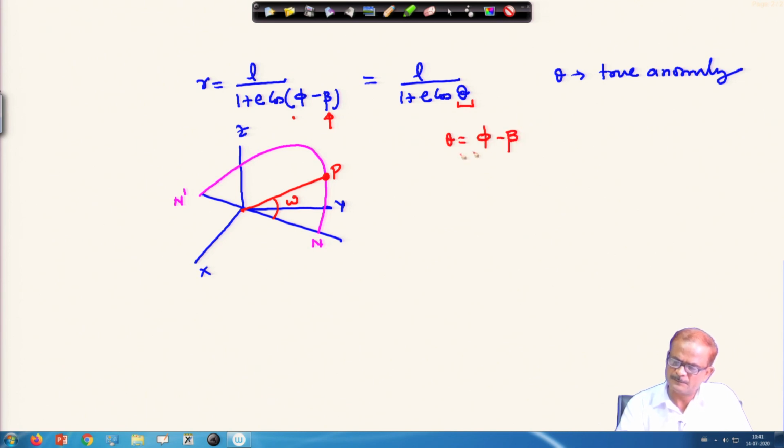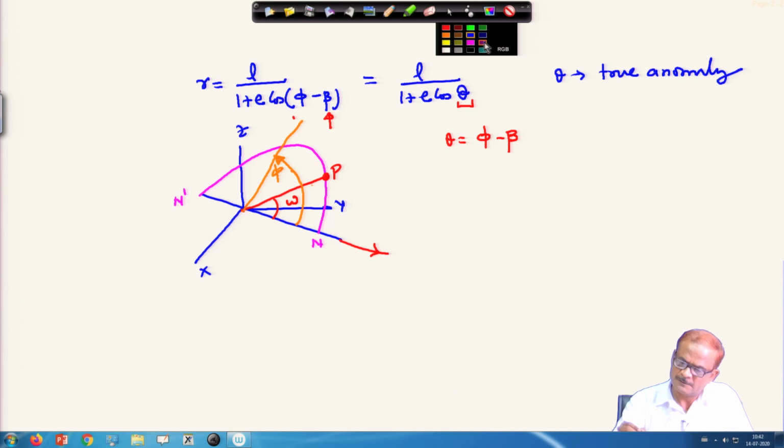Phi is measured from a certain reference. If we measure phi from this reference in this direction, let us say this is phi, and then beta becomes this angle from here to here.